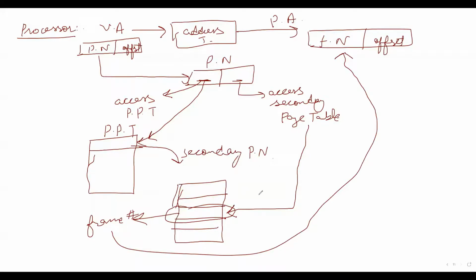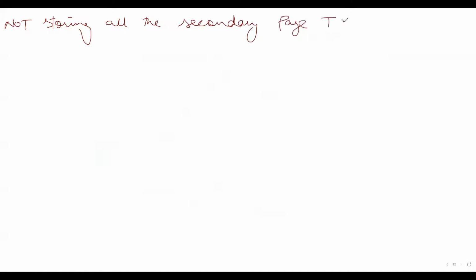Now, where is the storage? How are we saving the storage? Let me show you here. We are saving the storage by not storing all the secondary page tables. Okay, what does that mean?